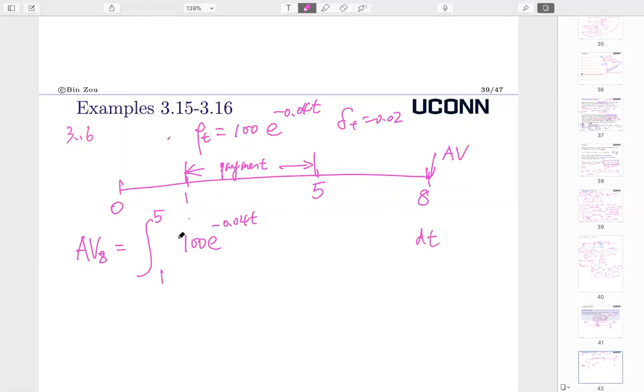For this particular amount, I need to discount, or not discount, I need to accumulate to time 8. So here is t. I need to go from t to 8, delta s ds. So I move from time t to sometime in the future.